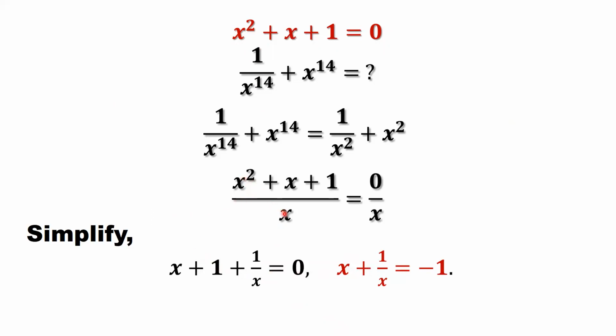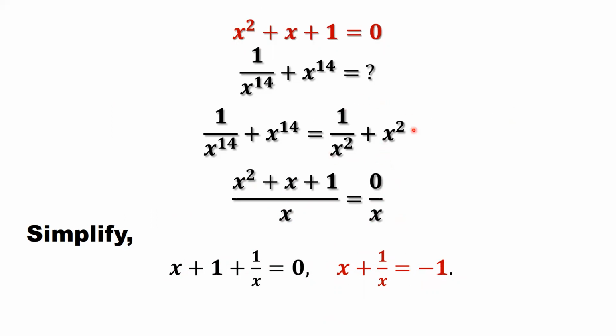X squared divided by x is x. X divided by x is 1. 1 divided by x is here. And 0 divided by x is 0. Then we have x plus 1 over x. This one moved to the right-hand side becomes negative 1. So we are here now.